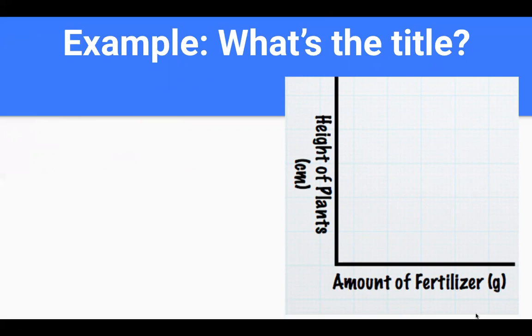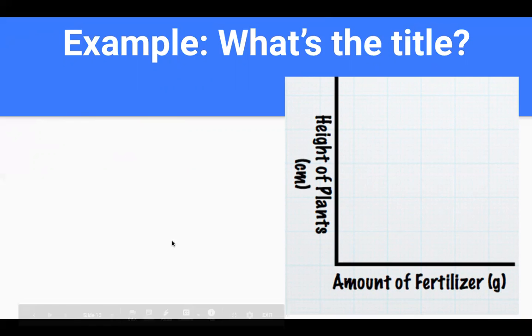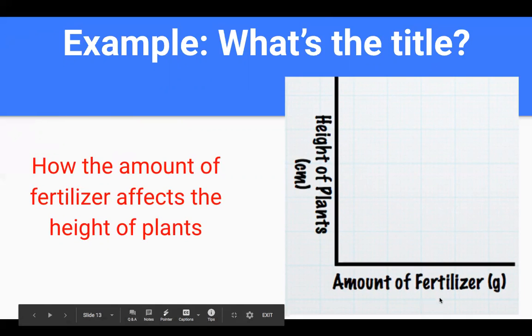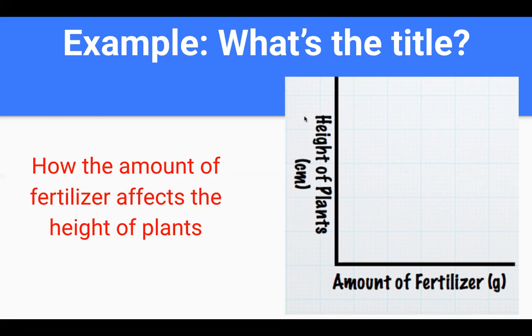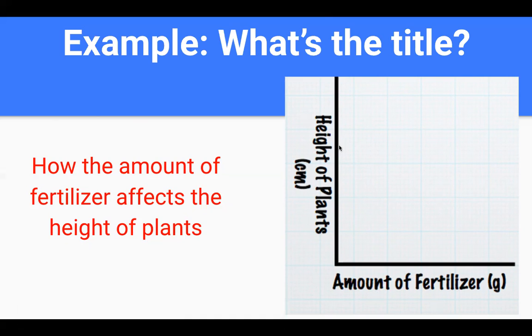Take a minute, think of a title, and then when you're ready, come back and let's see how yours compares to mine. So if I was going to name this, I might name it How the Amount of Fertilizer Affects the Height of Plants, right? That really makes it sound like our scientific questions. How the independent variable on my x-axis affects the dependent variable.